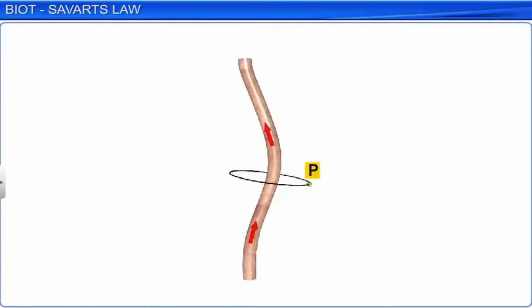To determine the magnetic induction B at the point P, let us assume the conductor is divided into infinitesimally small elements, each of length dl. First, let us calculate the magnetic induction dB at point P.